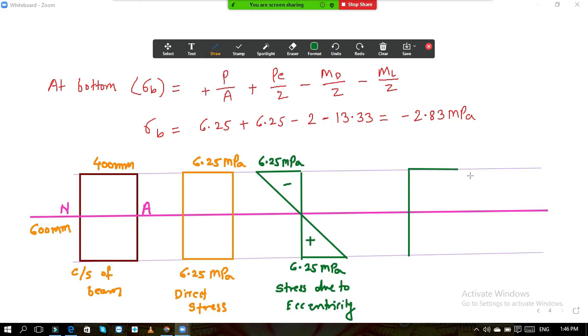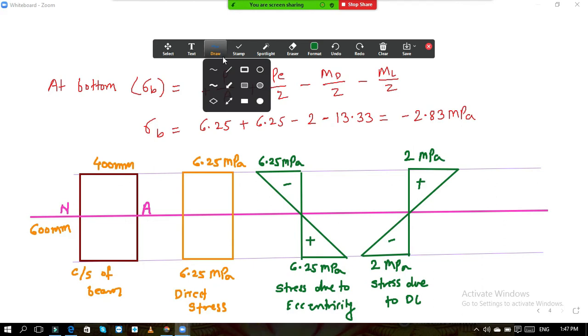Then at bottom it is minus, so this diagram will be like this. So here it is plus, this is minus, this is 2 Newton per mm square, 2 Newton per mm square, and this is the stress due to dead load. Okay, you should write here bending stress due to dead load.